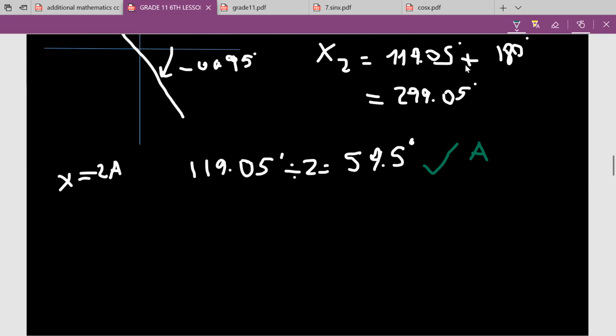Now, to find the second one, I will divide 299.05 divided by 2. It equals 149.5.